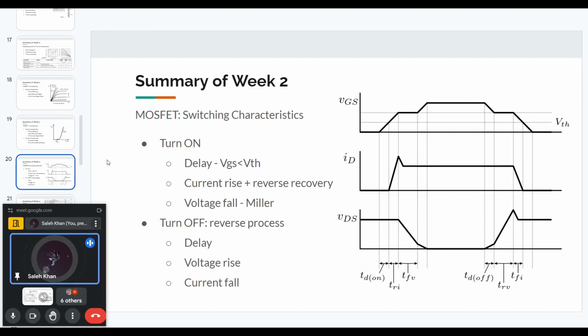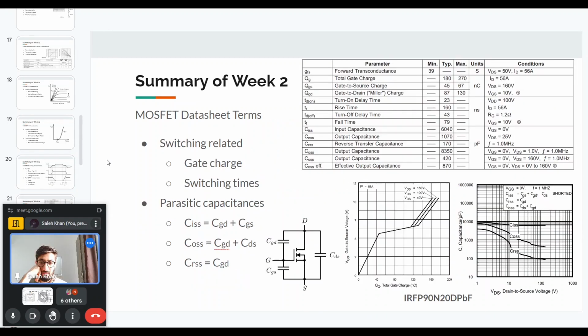So reverse transfer capacitance, basically, is the CGD. The reverse transfer capacitance, which is written as CRSS, is basically the gate to drain capacitance.